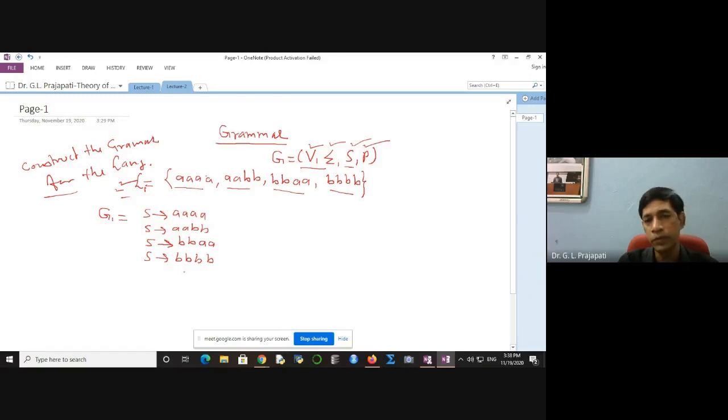Now see, you have the four sentences in the language, and here you have written the grammar. You have V, where you have only one non-terminal S, and you have sigma, which includes the symbols A and B, and these are the production rules P. So you have the four production rules, and construction of any sentence must start from S. If you want to generate this sentence, your grammar should generate it.